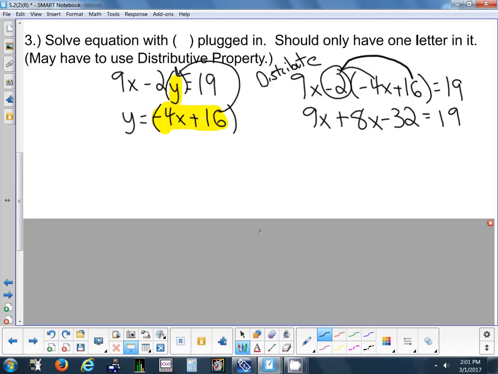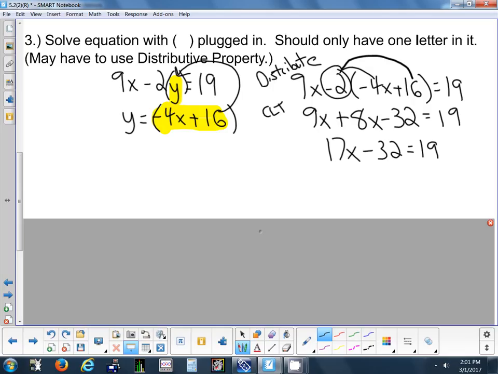Next step, same step as yesterday. Who can tell me? Combine like terms. Good, Kyle. Combine like terms, CLT. Hannah, what are my like terms? 9x and 8x. When I combine them, what do I get? 17x. Next step, same as yesterday.